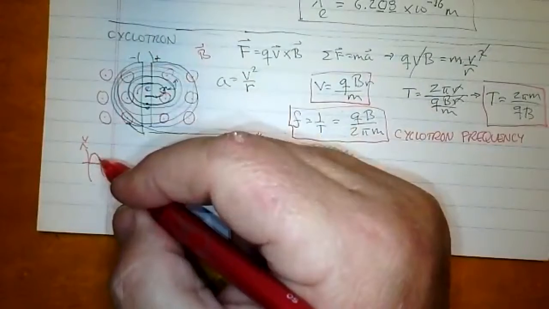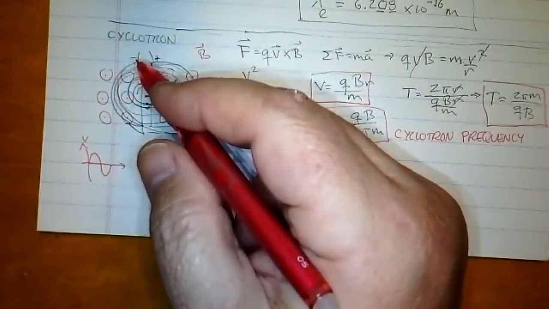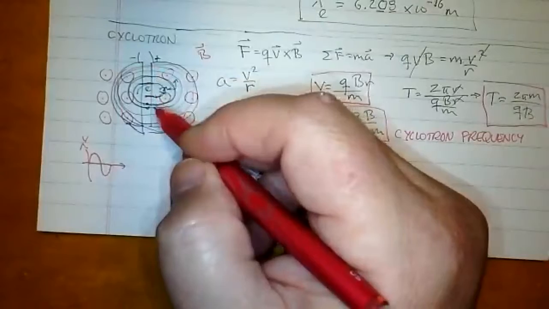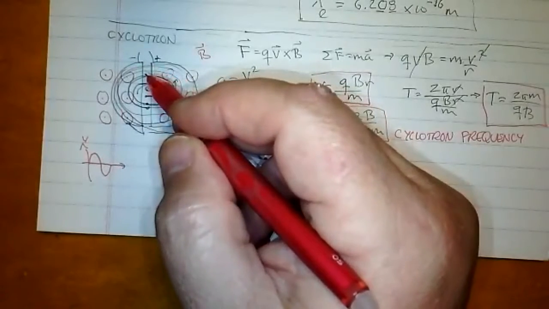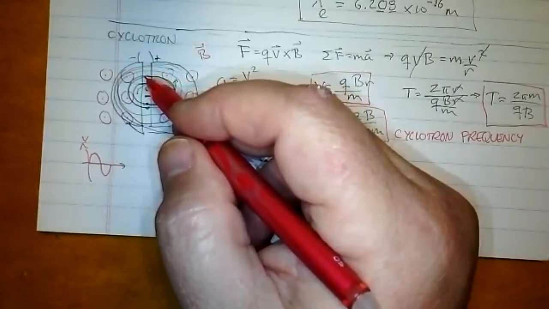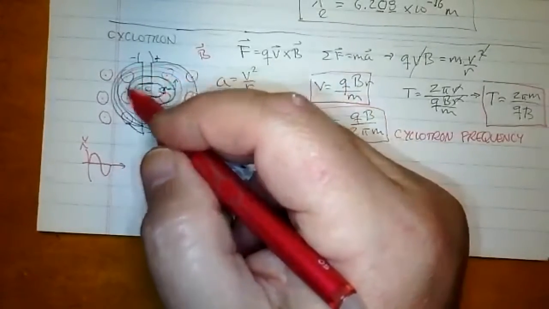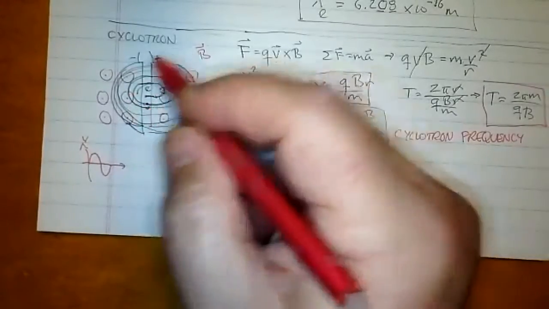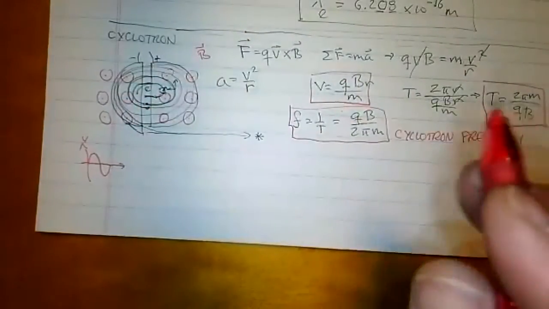And then it'll start to decrease and this side will flip to negative. But in half that time, the particle has now gone from basically here to here. So now it's polarized exactly the way we want it to be, and it'll come back around here. Then it's polarized exactly the way we want it to be again, and it'll come around here. So it works out really well.